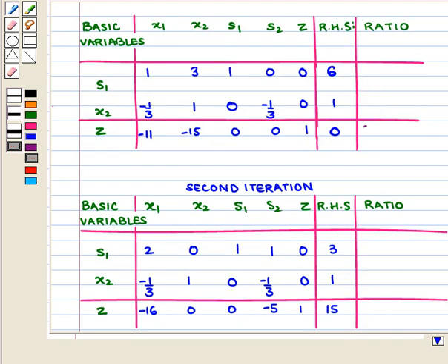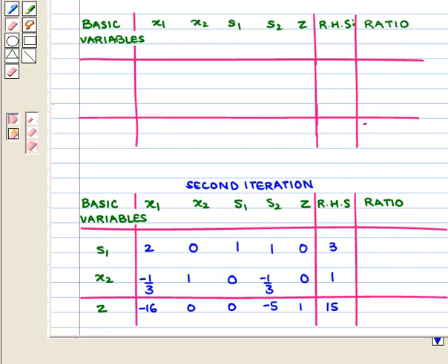So we obtain the following table. Now see, in the RHS column, we do not have any negative value. So we proceed with the same procedure.